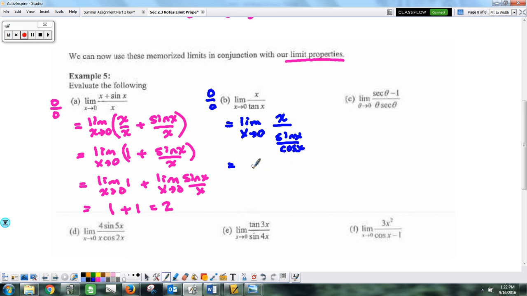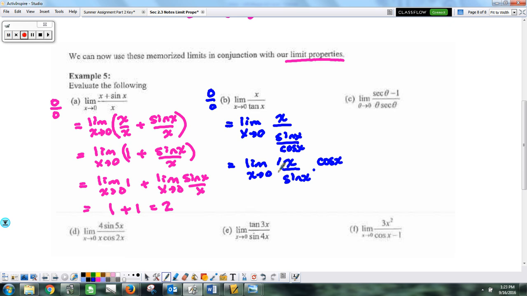Now I'm going to rearrange this a little bit. Using my fraction rules, dividing by sine over cosine is the same as multiplying by cosine over sine. So that's going to give me x over sine x times cosine of x.